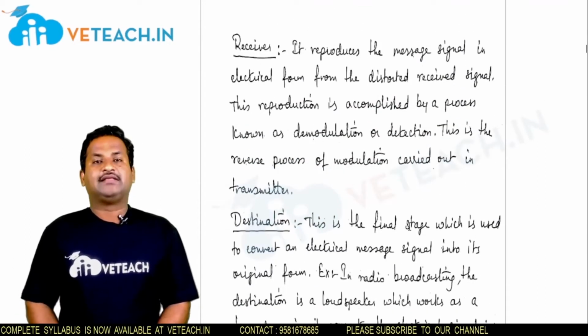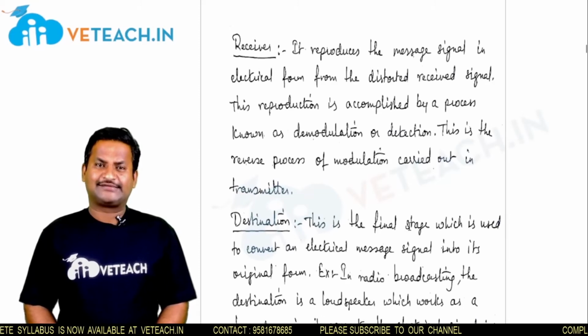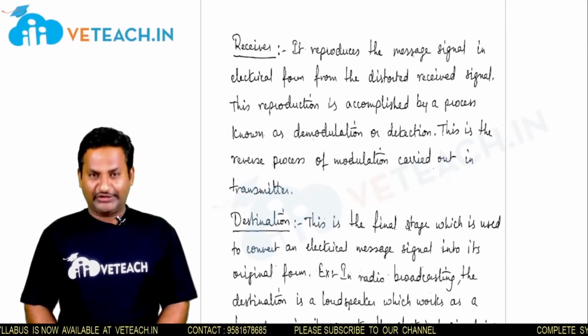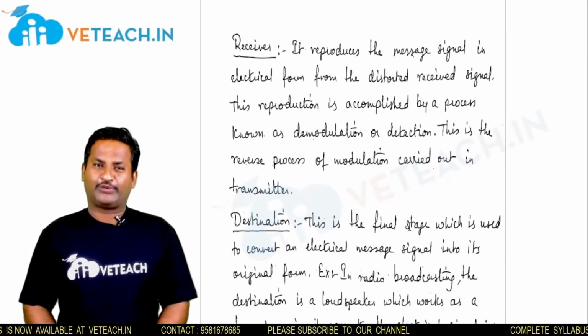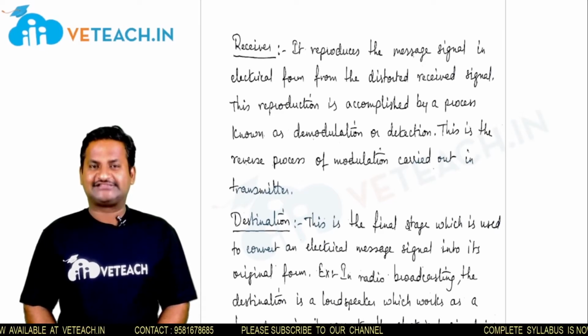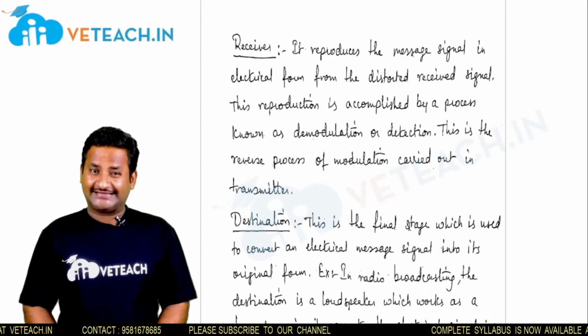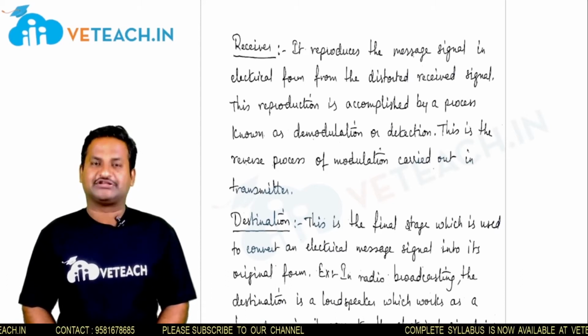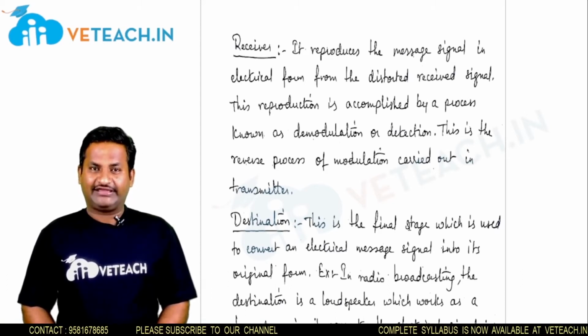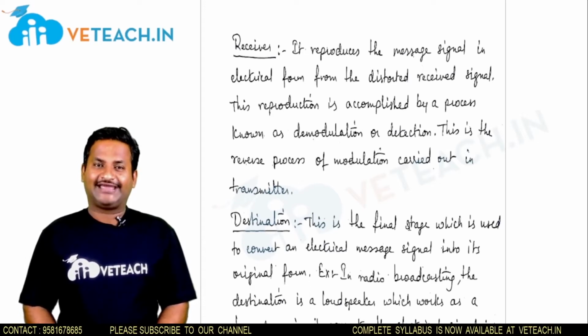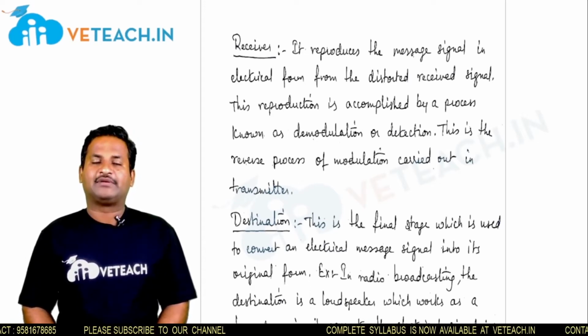Coming to the receiver, in the transmitter section we already discussed the concept of modulation. Modulation adds two kinds of signals. One is the message signal. The second one is the carrier signal. Carrier signal is simply a high frequency and does not contain any kind of information. So in the receiver process, we can eliminate the carrier or extract the message signal from the modulated signal.